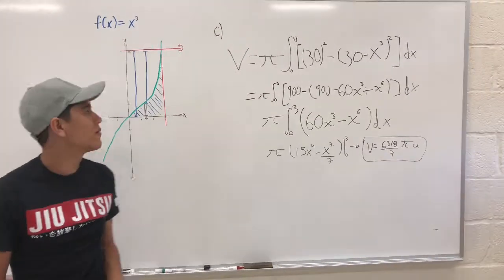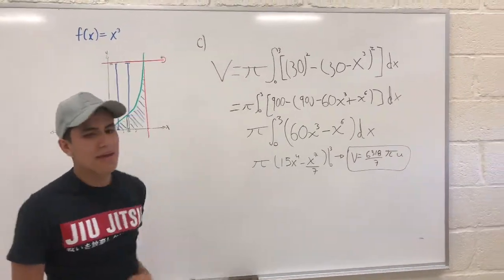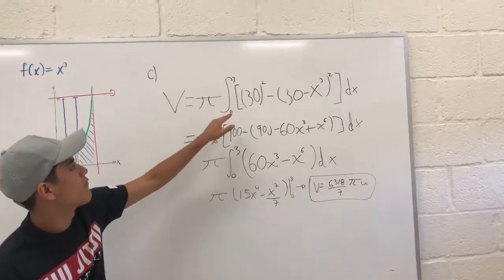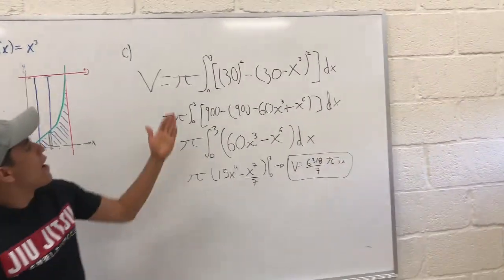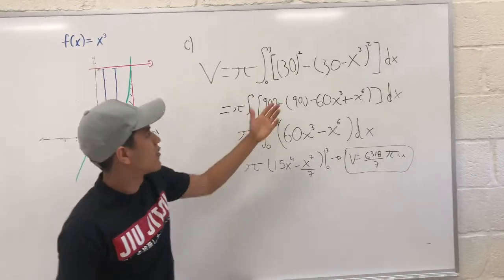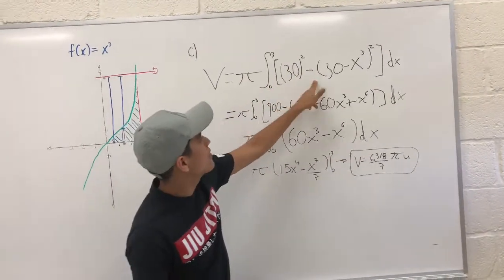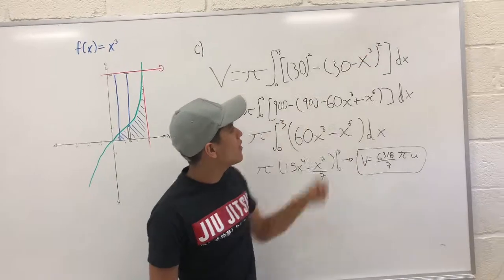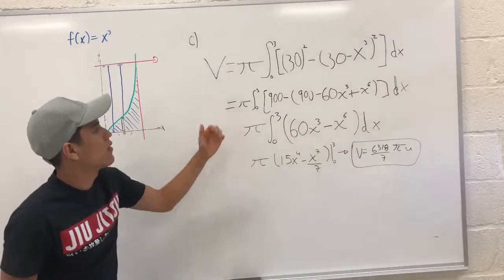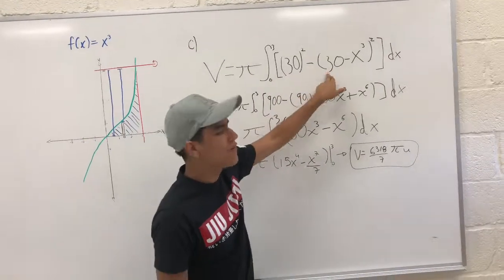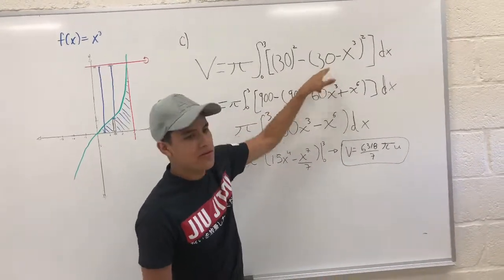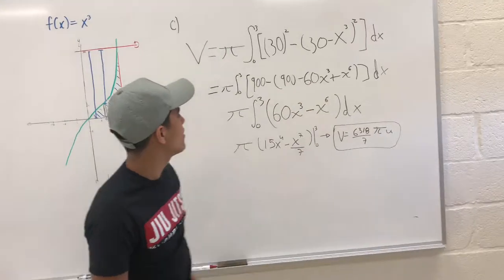To get the volume, we do pi times the integral from 0 to 3 of 30 squared, which is the big radius, minus the small radius squared, dx. Then we again solve this: 900, and the binomial squared, which is this one.